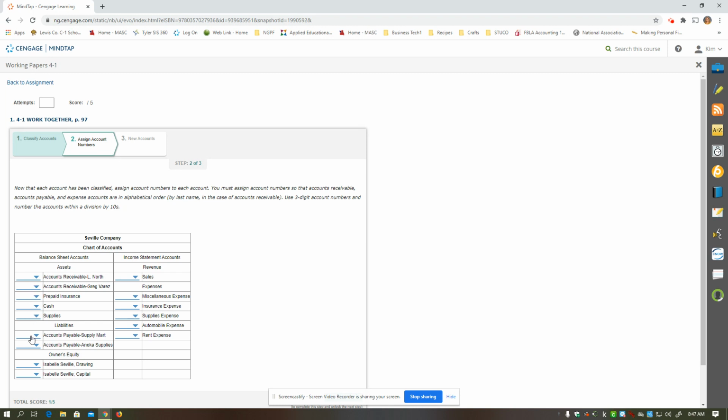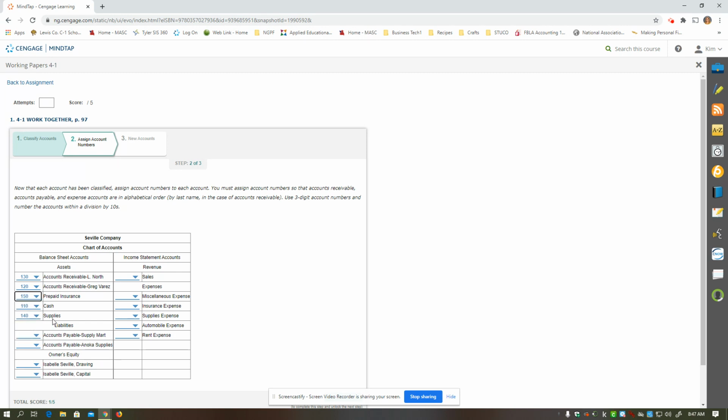So, they didn't make this easy on us, but cash is 110. They don't have petty cash. They have accounts receivable. So let's do accounts receivable, and by first name first, 120, 130 for the next accounts receivable. Then we have supplies at 140, and then we have prepaid insurance at 150.